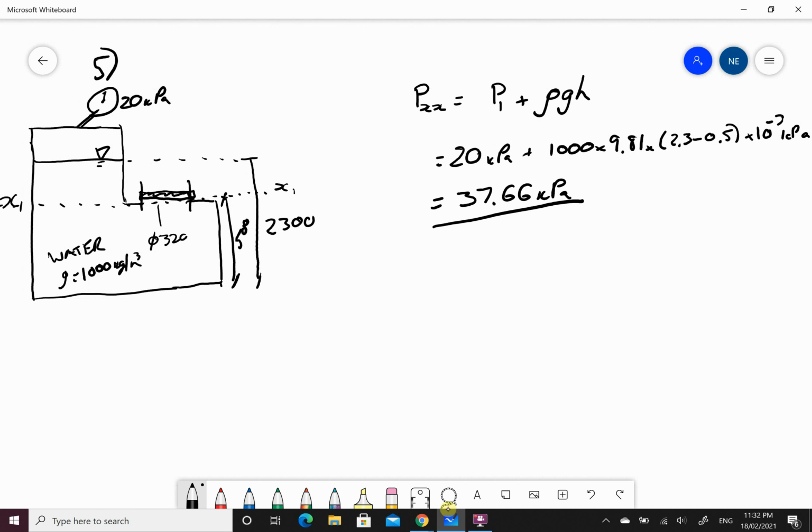Now this pressure, remember, is any point along this x1 plane has this amount of pressure on it. How do we convert that pressure to a force? Force is equal to P times A. Therefore, F equals 37.66 kPa times the area. We're talking about the area of the gate.